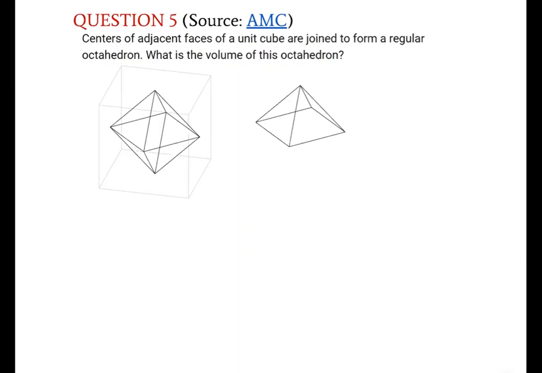So if you drew a picture, this is what it should have looked like. Okay. So first of all, we want to find the length of an edge. We want to find this length, and this length will be the same for the entire octahedron.